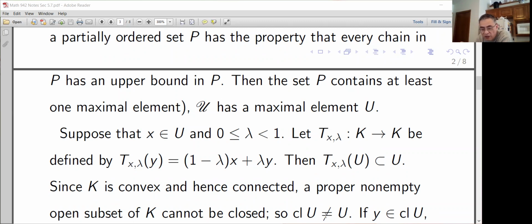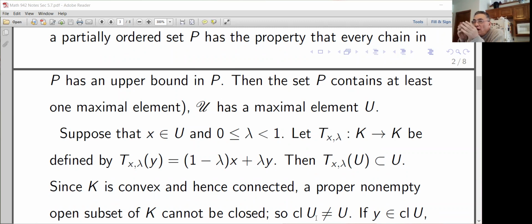That's the definition of connected. So this says that the closure of U is not equal to U, because if the closure of U equals U, then U is an open and closed set.